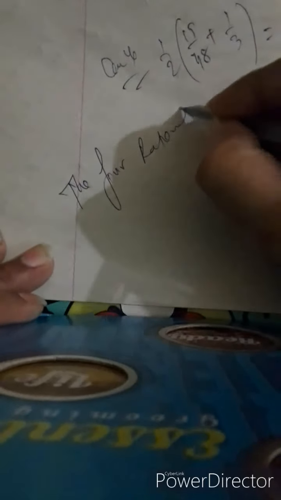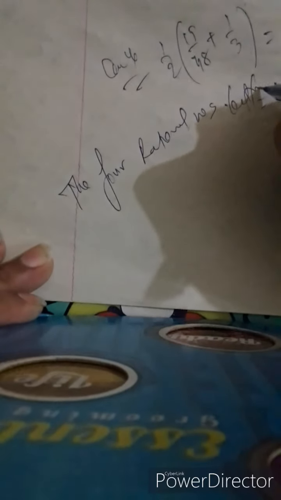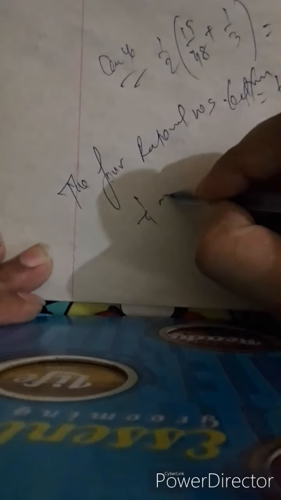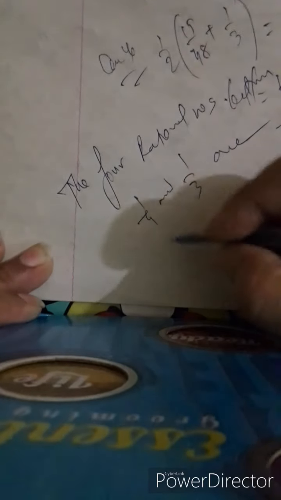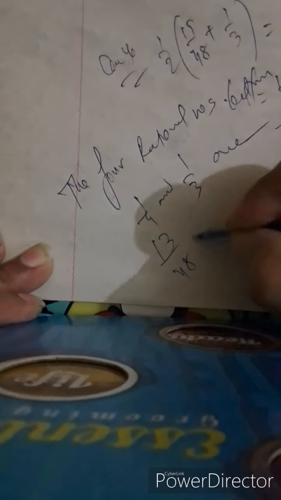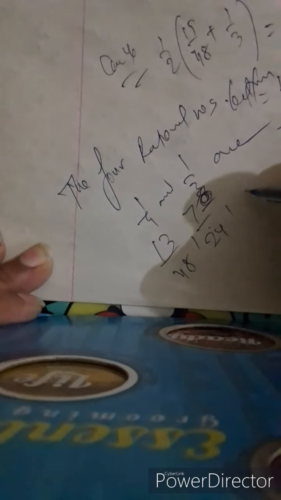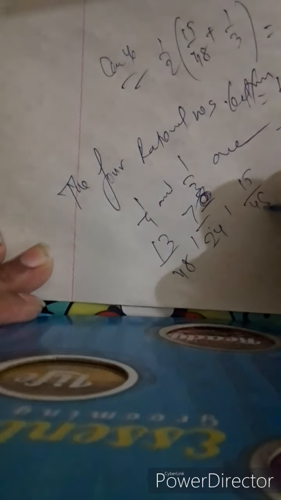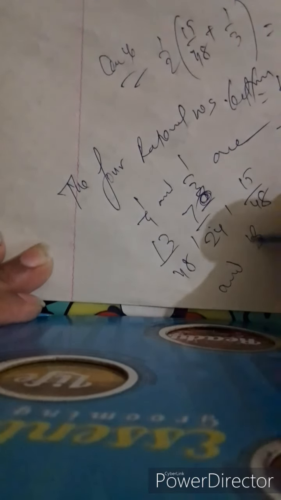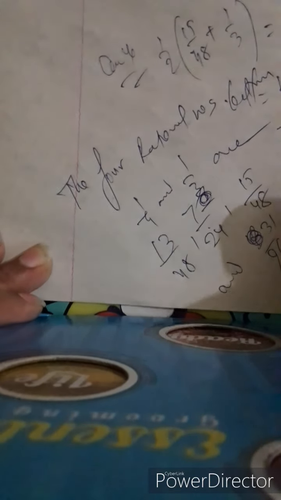So we obtained the 4 rational numbers, therefore writing the answer here. The 4 rational numbers between 1 by 4 and 1 by 3 are 13 by 48, 7 by 24, 15 by 48 and 31 by 96.